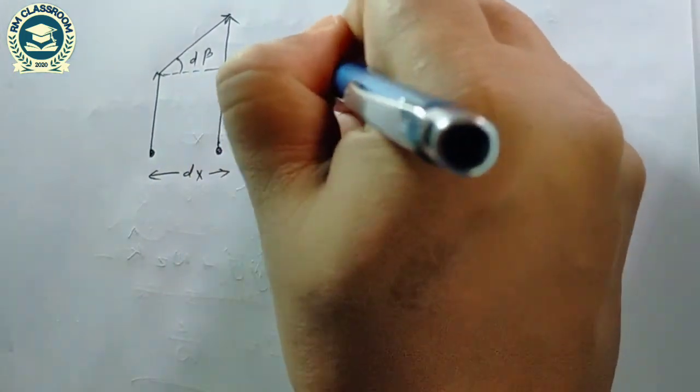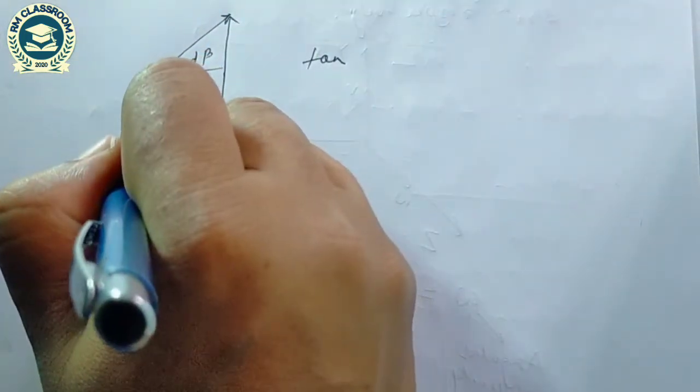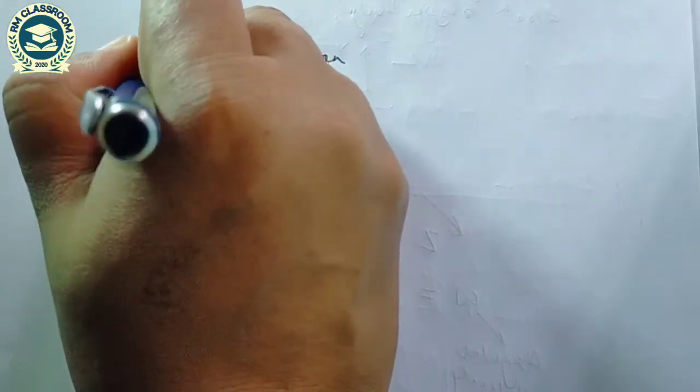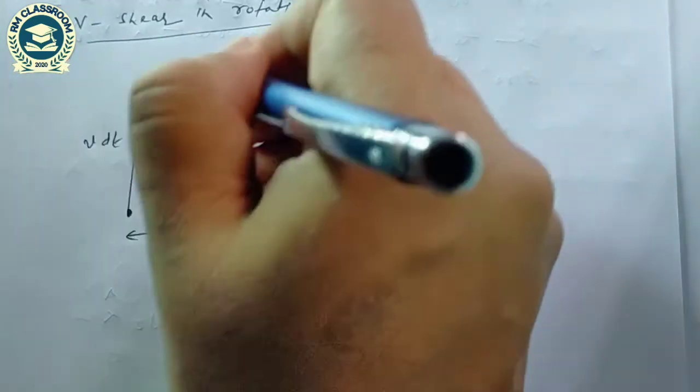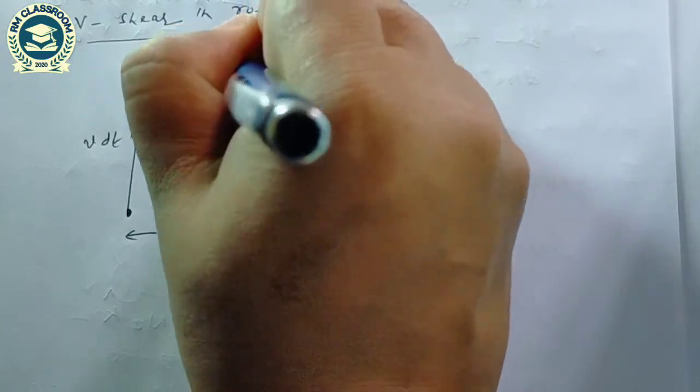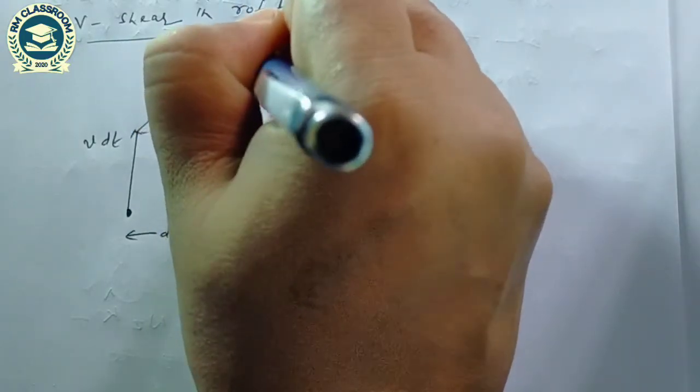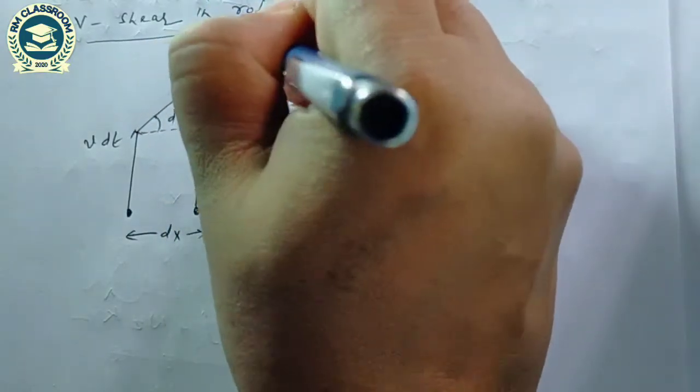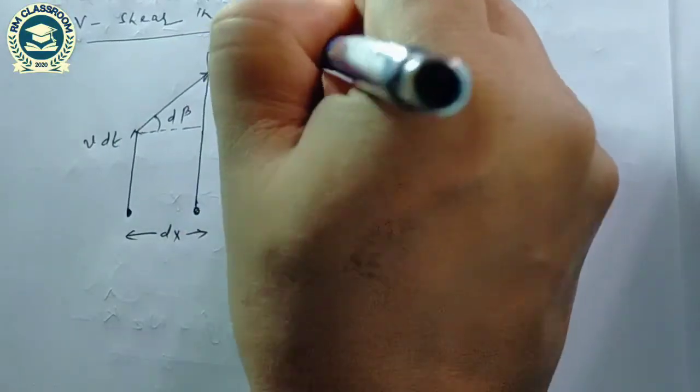So tan d beta, this velocity is v into dt. Here it is v plus del v by del x into dx into dt.